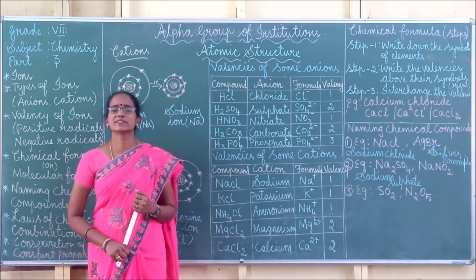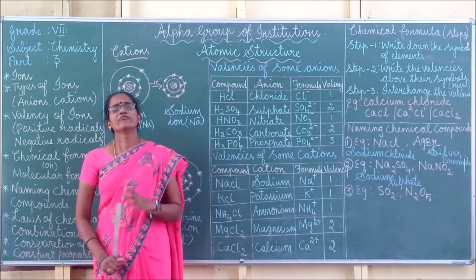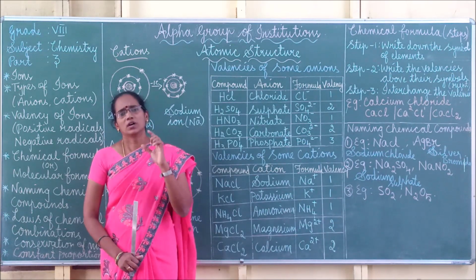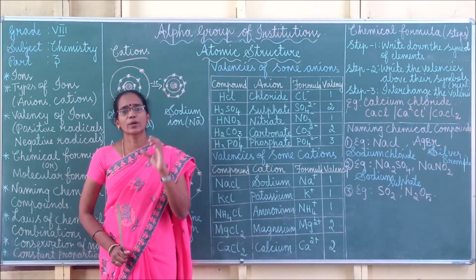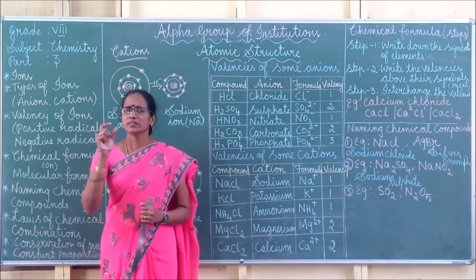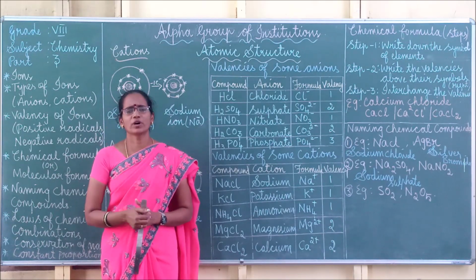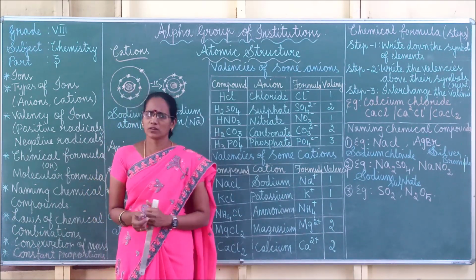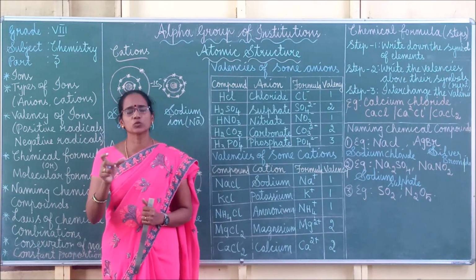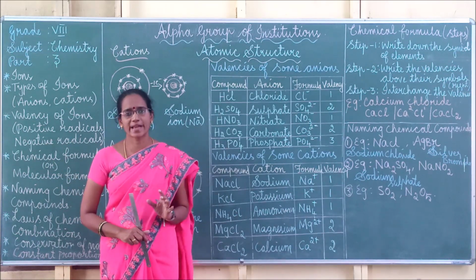So first, let me discuss the law of conservation of mass. The French chemist Lavoisier in 1774 proposed this law of conservation of mass. This law states that the total mass of the products is always equal to the total mass of the reactants during a chemical reaction.